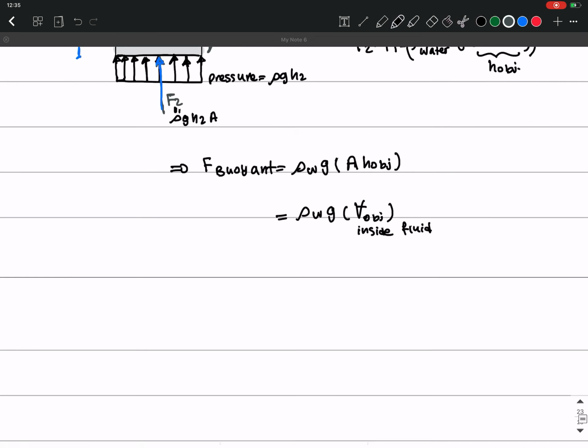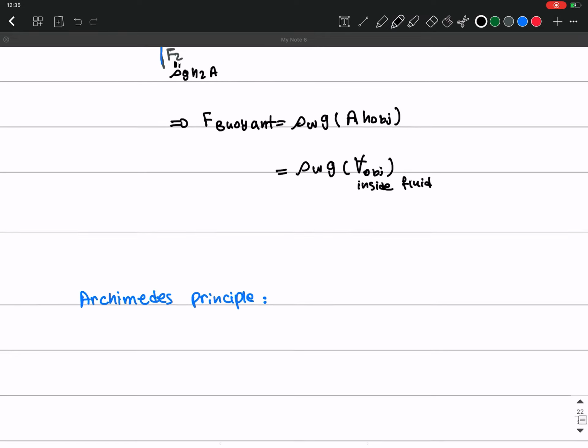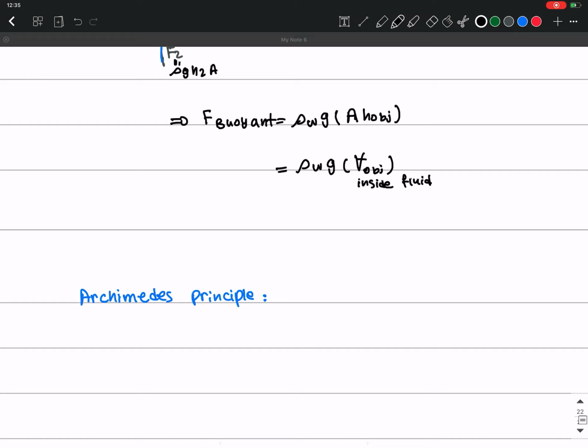Okay, so the Archimedes principle states, and Archimedes was the first one who found this, and you might know the story behind that. He went to take a bath, and then he found this general principle.